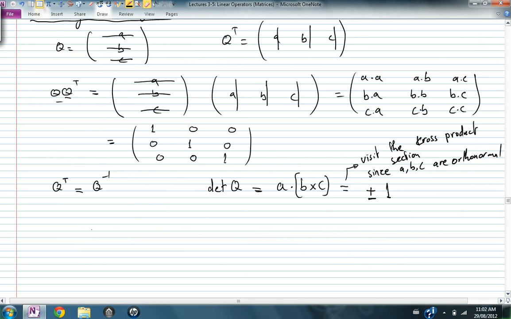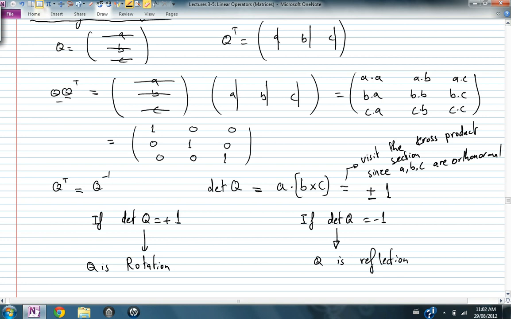Now, if the determinant of Q is positive 1, I call this a rotation. And if the determinant of Q is negative 1, I call this a reflection.